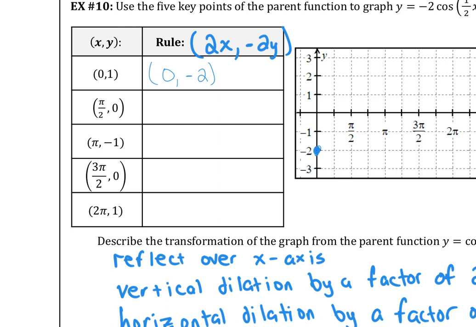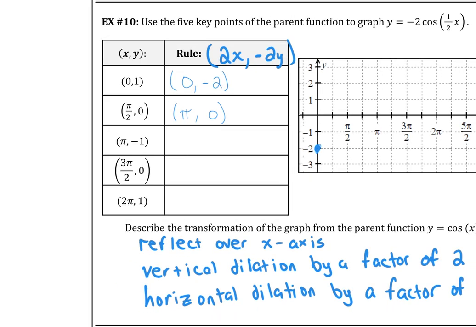Now, if I multiply pi over 2 times 2, that's going to give me pi. And then if I multiply 0 times negative 2, that's going to be 0. So now the intercept stretches out and it occurs at pi, where I'm drawing this blue dot.